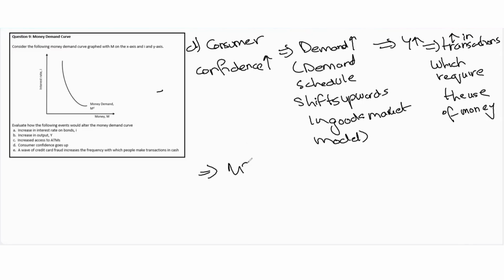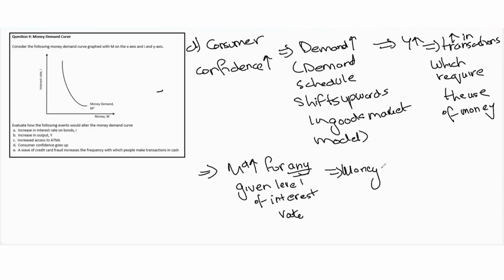We know that causes money demand to increase for any given level of interest rate. So we know that causes the money demand curve to shift to the right.